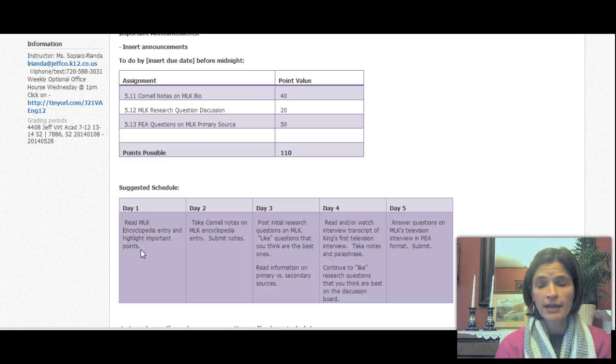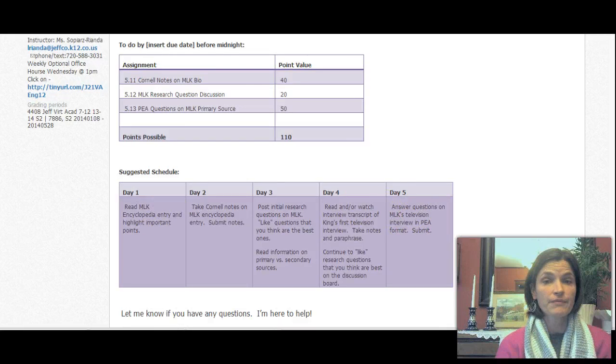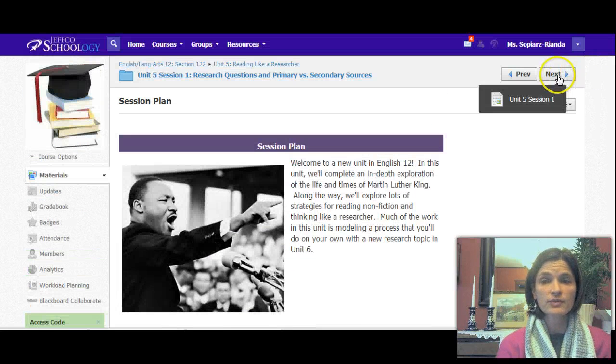Again, use that great app, and it's called Goal Setter. It's on Google, and you can set daily goals and reminders, and that's one way to create a schedule. The suggested schedule would be a really good reminder. Okay, so clicking next, as we always do.